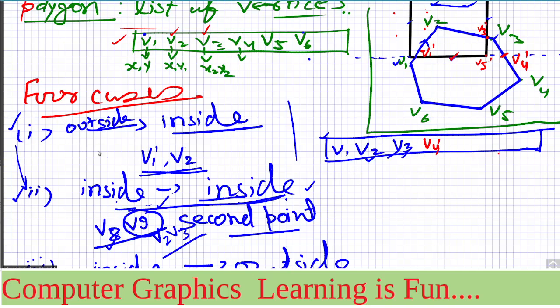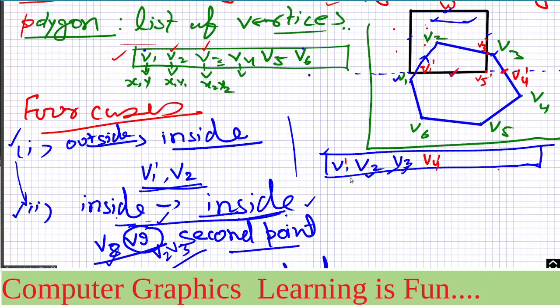Okay, so in the list, V1 V2, here I believe you are having V1 dash, right? V1 dash, V2. So somehow now you have got these four vertices: V1 dash, V2, V3, and V4 dash. Okay, so the new polygon that you are having now is this portion.